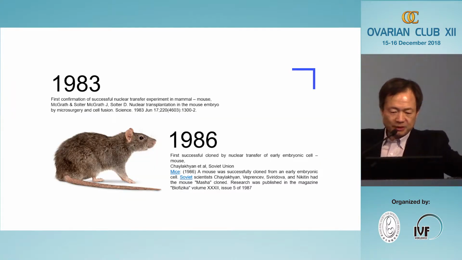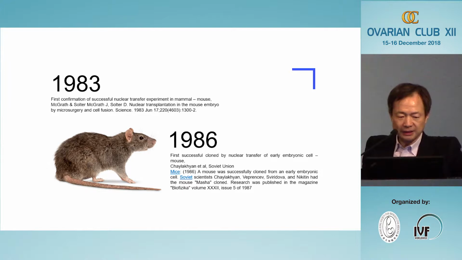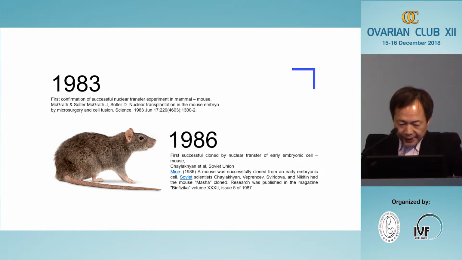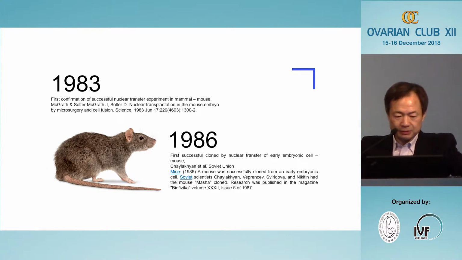In a very similar manner, in 1983 and 1986, a successful clone in mice was performed actually in Russia. At that time, it was called the Soviet Union. It was successfully cloned using embryonic cells, and again, it was not published in the international journals.